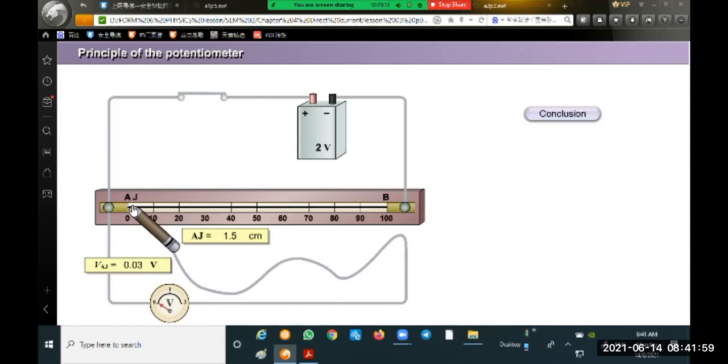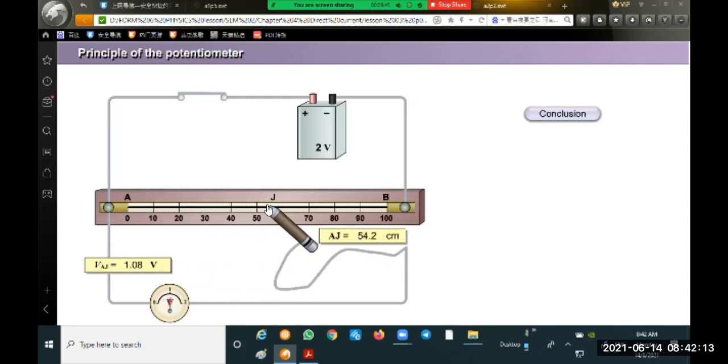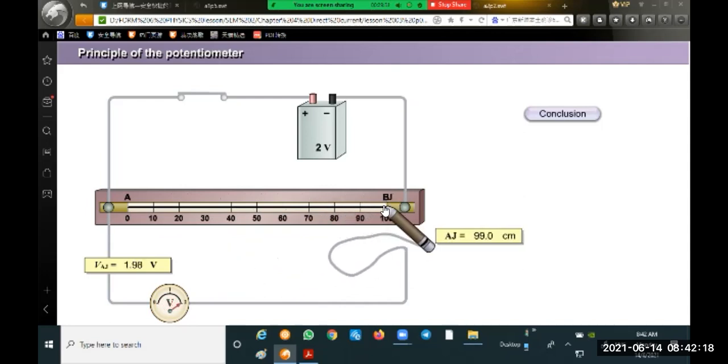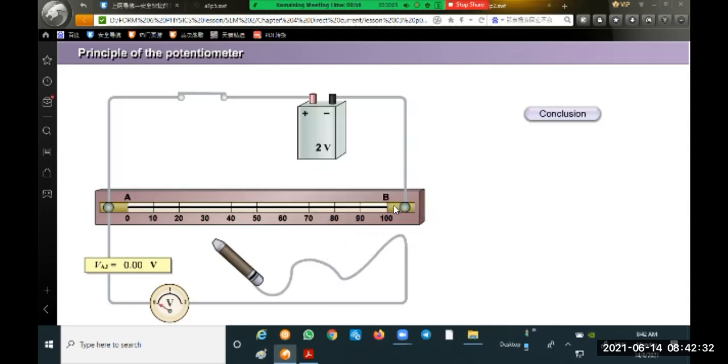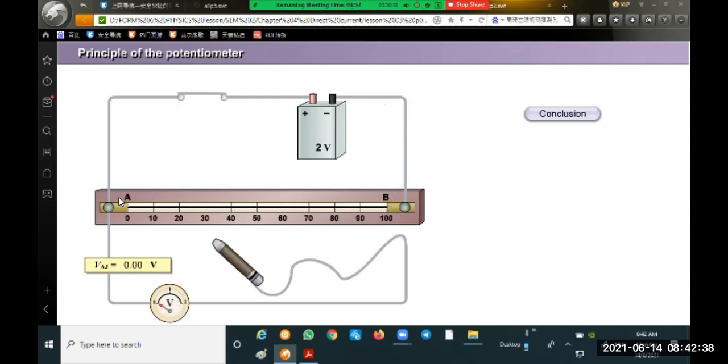Once I connect, we notice the reading of the voltmeter increases as the distance from A to J increases. So what is the maximum? The maximum will be the total voltage, 2 volt. Total voltage of the battery, same as the EMF. If I connect the jockey, the current flows through the wire.